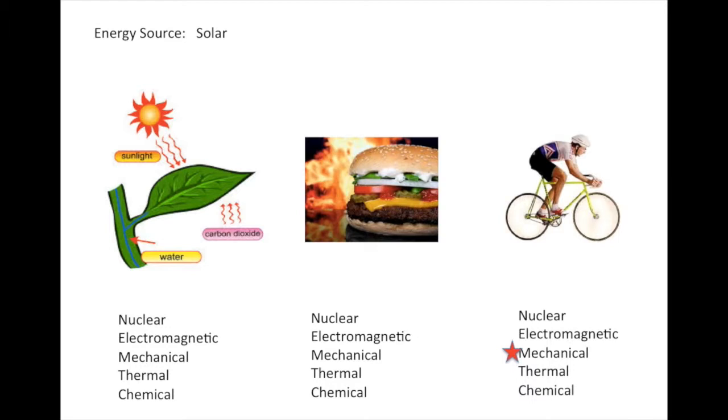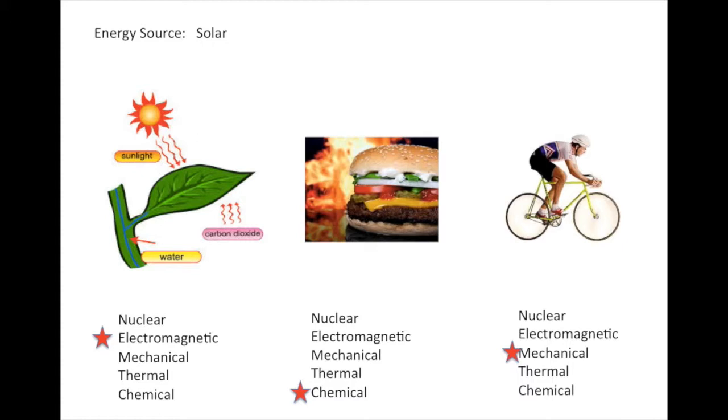Now the cyclist gets his energy because he had a big hamburger before he went, and the energy stored in that hamburger is stored as chemical energy. Then the chemical energy in the hamburger and the lettuce and the bun and all of that ultimately came from plants. And those plants derived their energy from the sunlight that came to them.